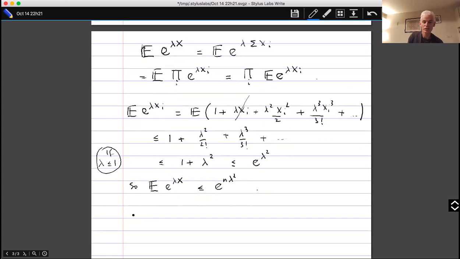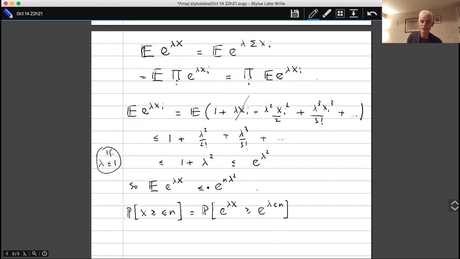So now let's have a look at the probability that x is greater than or equal to epsilon n. Well, that is, because the exponential is an increasing function, and I'm assuming lambda is positive, the probability that e to the lambda x is greater than or equal to e to the lambda epsilon n.